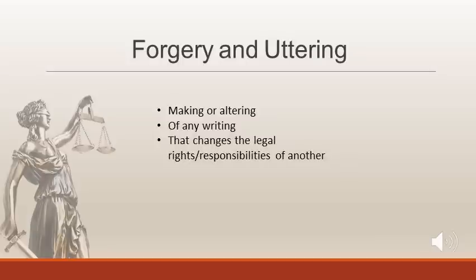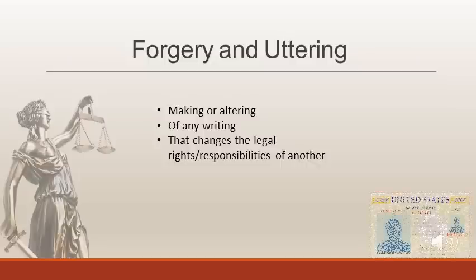So the making and writing means that you are creating something from new, like a passport, or you're altering something, like altering perhaps a driver's license, to make it appear different than what it's originally meant to do. Of any writing, that could mean a check, a passport, a driver's license, or anything like that, that will change the legal rights and responsibilities of another person.